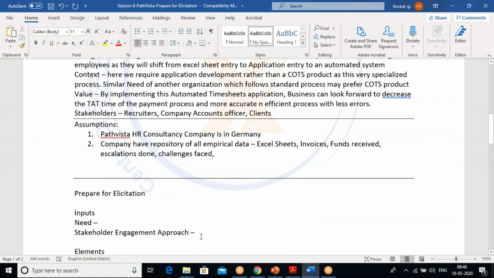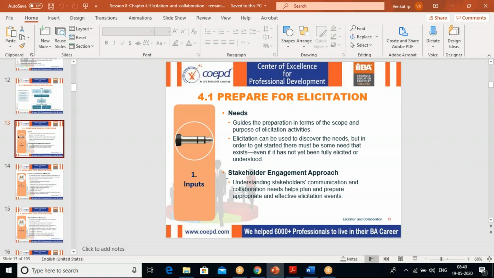And coming to the stakeholder engagement approach, this is an HR consultancy. There we have recruiters, and also we have the accounts manager and accounts officer. Before you identify the communication plans and the engagement approach, you should understand the time zone differences.